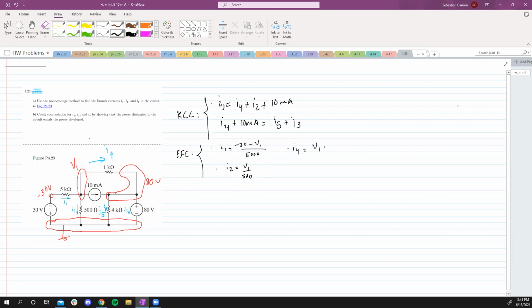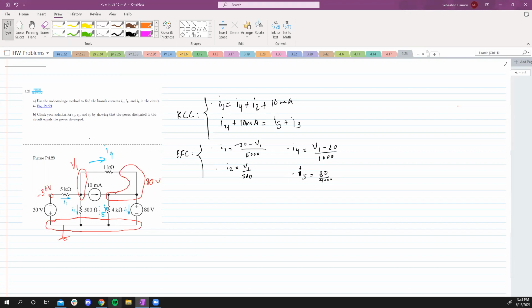I4 equals V1 minus 80 over 1,000. I5 would be equal to 80 over 4,000.